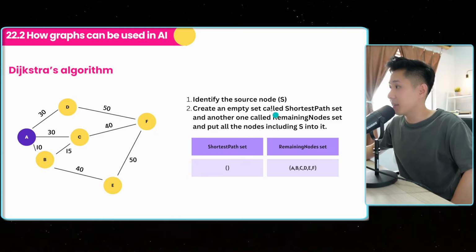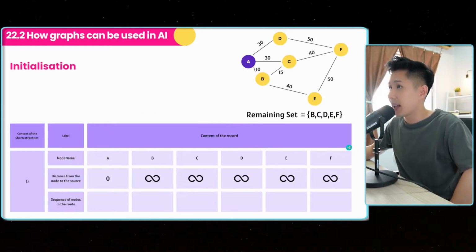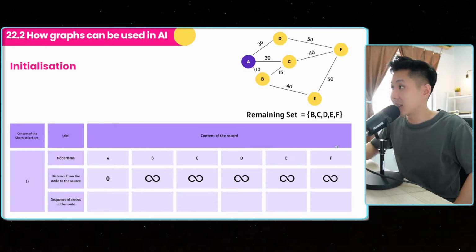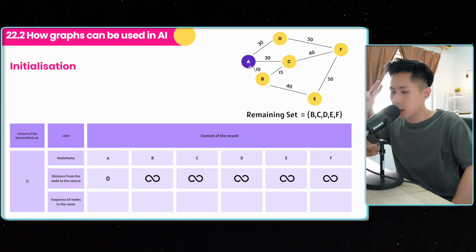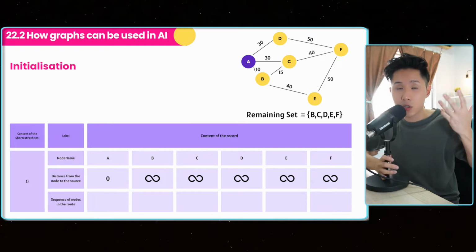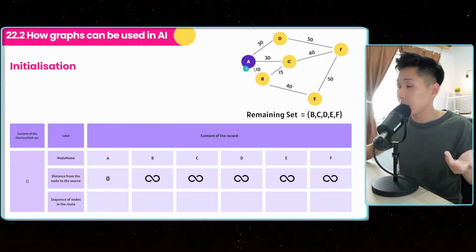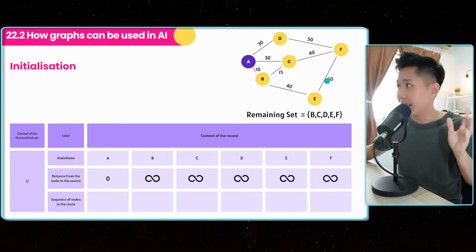So we have the source node, an empty set, and then all the nodes that are inside this graph. I'm going to start this algorithm from source A. By using Dijkstra's algorithm, the goal is that we can find out the shortest path from A to all the other nodes. And that's the start of this journey.